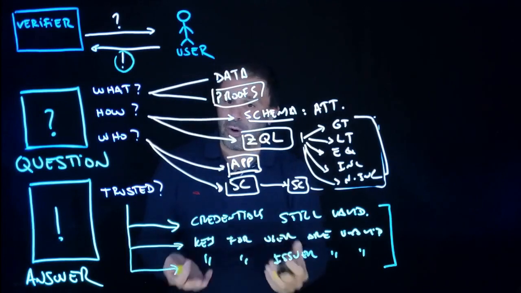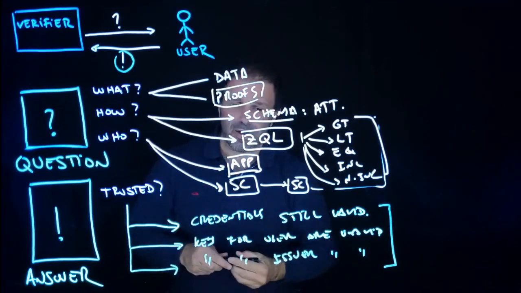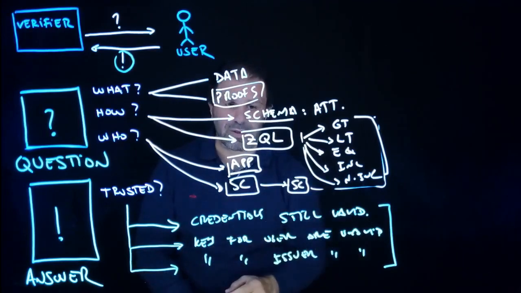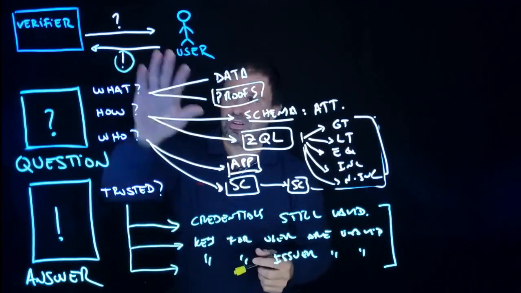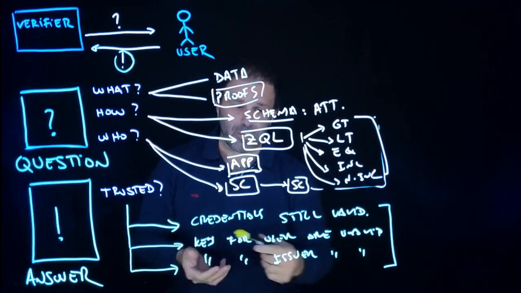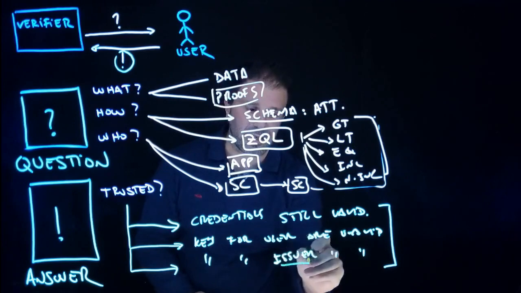So the client, the wallet that the user uses to present these credentials, will send all this public information along with the proof. Some of this information will be sent directly in this dialog. Some of this information needs to be checked on chain, like revocations or the identity state of the issuer to check that the keys are still valid.